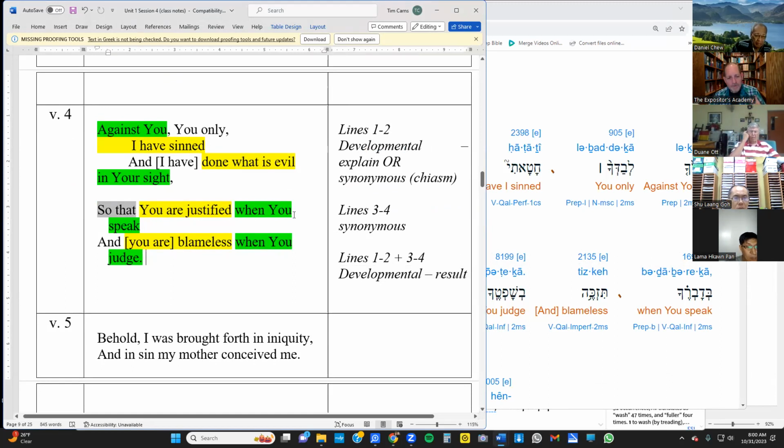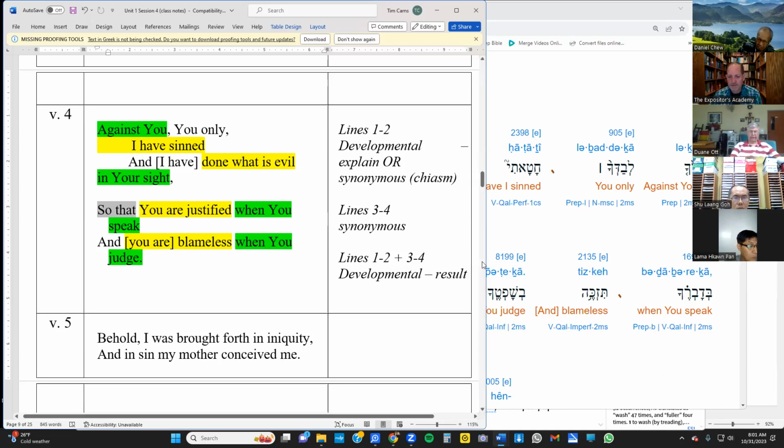All right, so what we're doing here is we're just trying to notice any relationship between the lines within a verse. Later on, when we do a diagram of this psalm, we would look at the relationship between verses. But here we're just looking at the relationship of the lines within the verse.